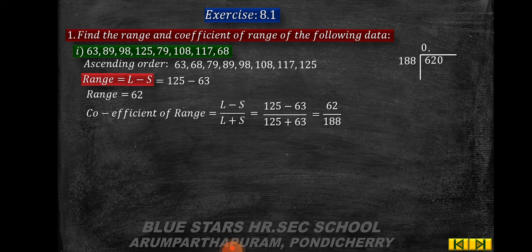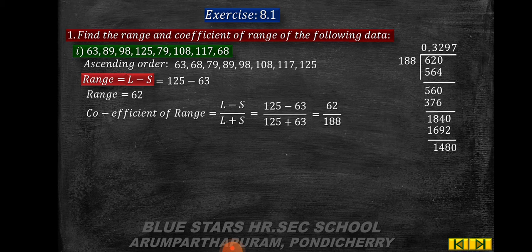So put the decimal and add 1 0. 3 times 564, so the remainder is 560. Then 2 times 376, the remainder is 184. Add 1 0. Then 9 times 1692, so the remainder is 148.